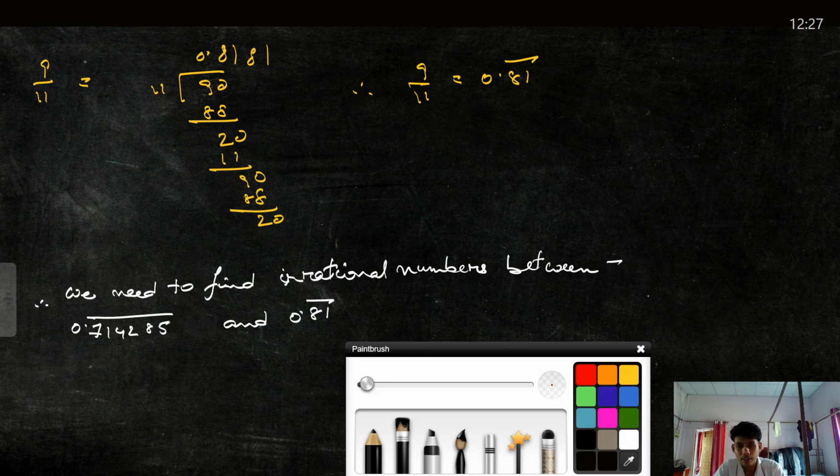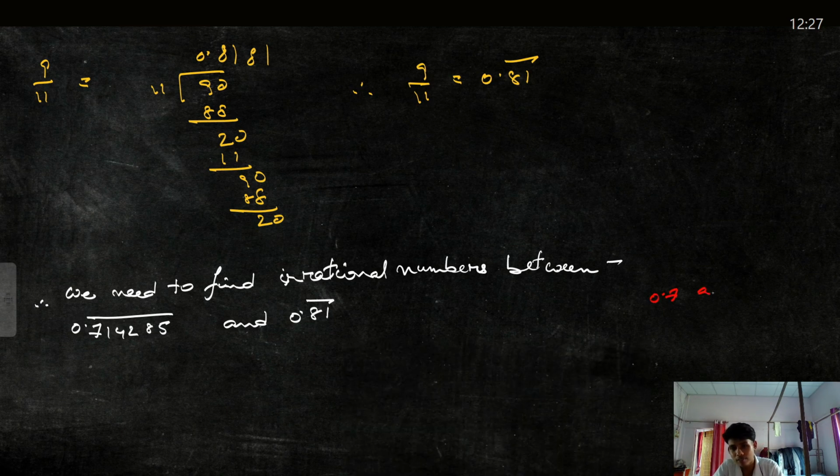Now broadly we can see that it is 0.7 and 0.8. Now what comes between 0.7 and 0.8? Obviously 0.75, 0.76, 0.77.